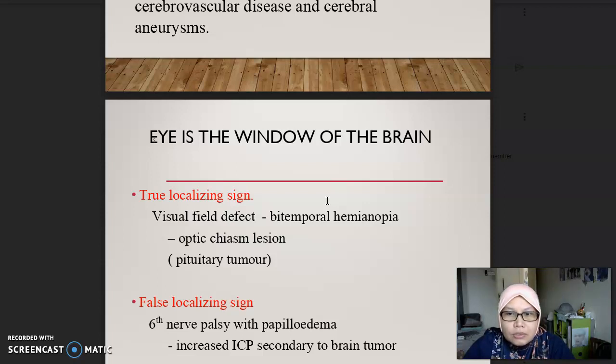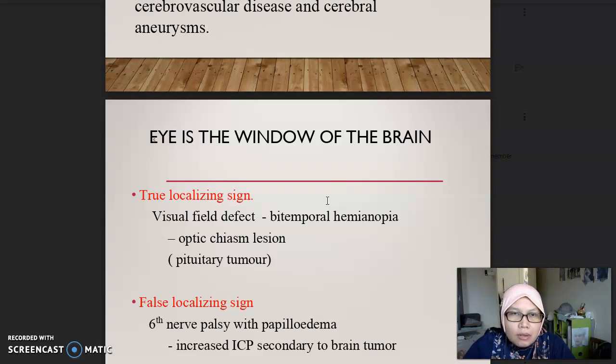So the sixth nerve palsy is actually a false localizing sign. It is not a palsy because of a tumor compromising the sixth nerve pathway. It is a different thing. The problem is from a different place, giving rise to a different problem. So it's called false localizing sign.